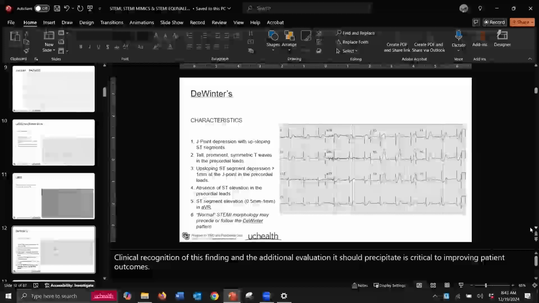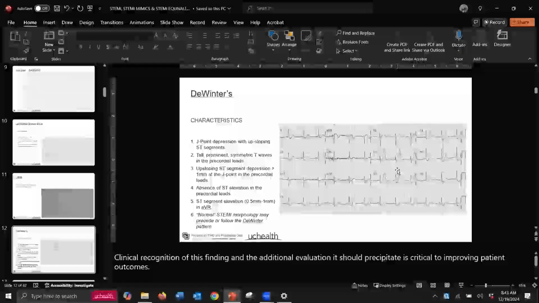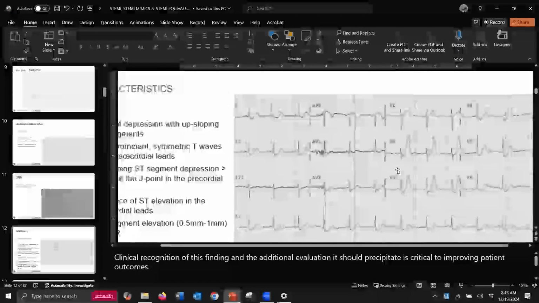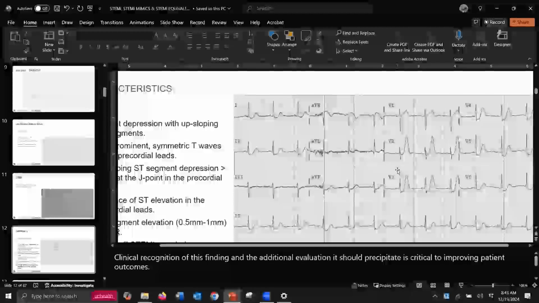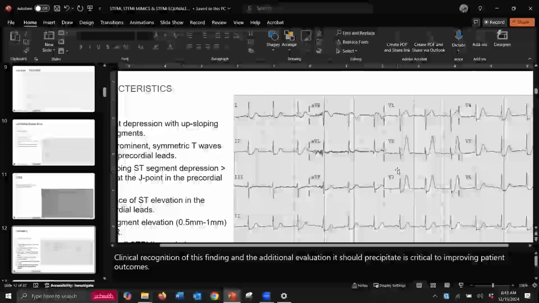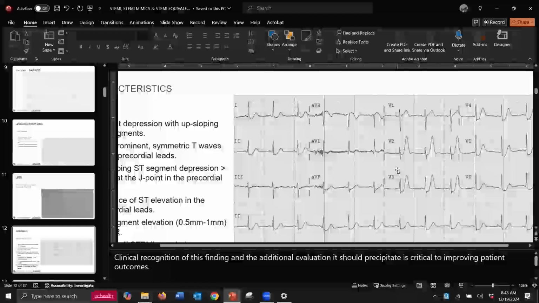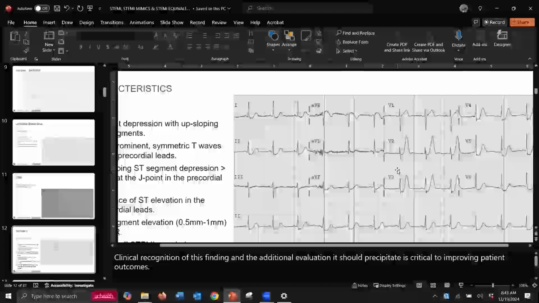What is the DeWinter's T wave? Well, this is a classic example. We talk about injury and infarct, and about our T waves and ST segments over time, how they develop and what they look like. I look at DeWinter's as a massive hyperacute T wave in the injury stage.